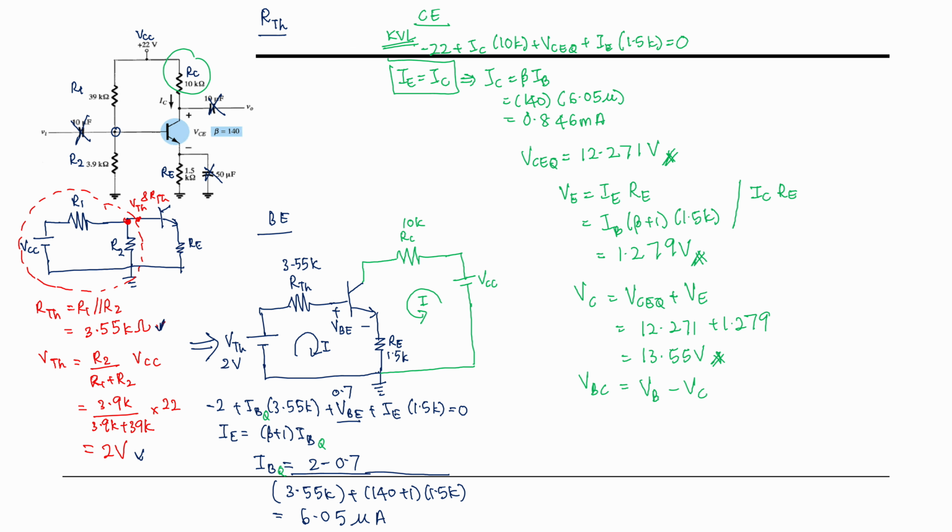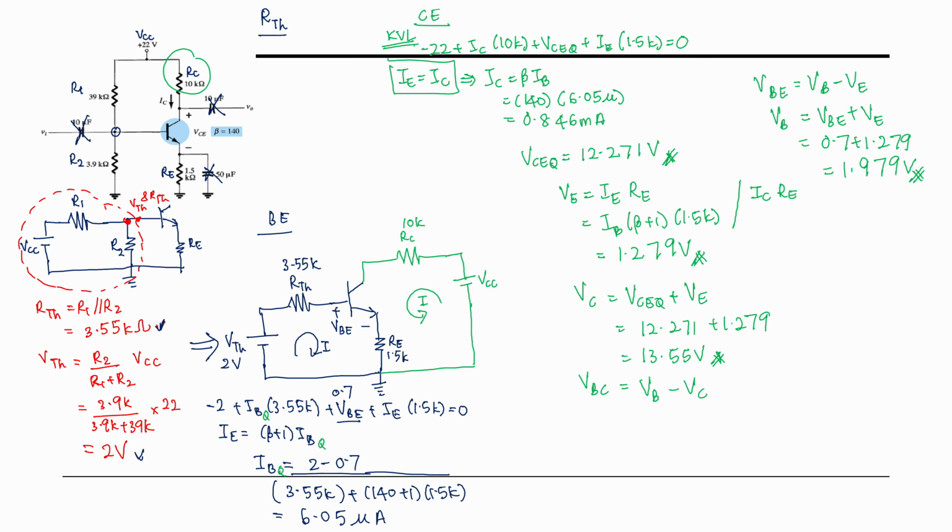How about the VB? We didn't determine the VB yet. Now let's determine the VB first. We know VBE is equal to VB minus VE, and hence VB is equal to VBE plus VE, right? So 0.7 plus VE that we have calculated earlier, 1.279, then you will get 1.979 volts.